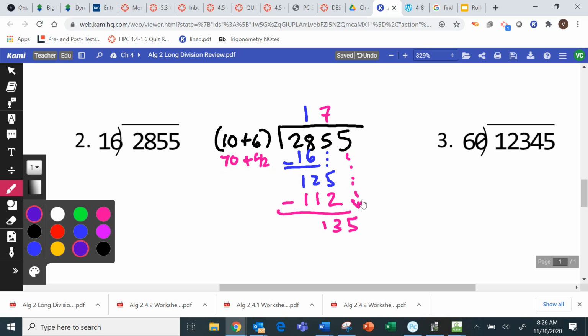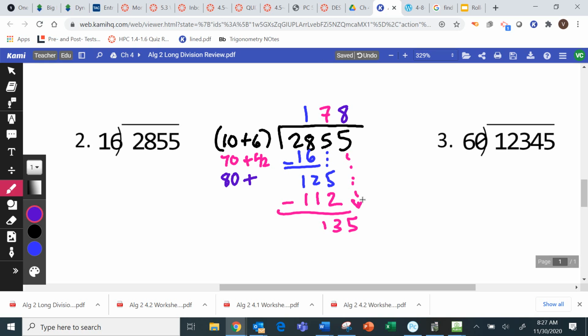So if I've already done 7, which is 112, how many times does 16 perhaps go into 135? Guess? 8? So I'm going to multiply that. 8 times 10 is 80, plus 8 times 6 is 48, which is 128.